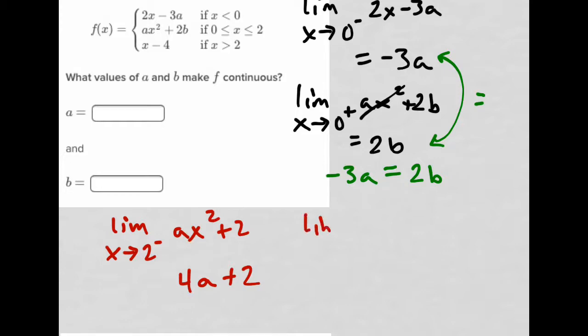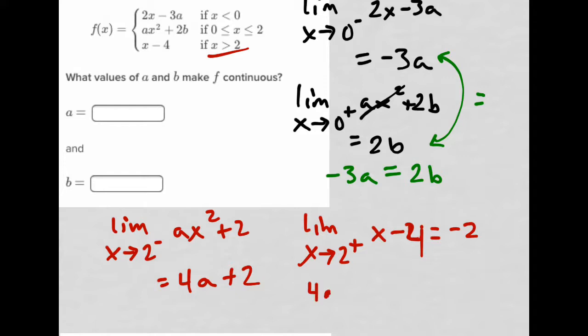And then the limit as x approaches 2 from the right, we use this function because we're plugging in things that are to the right of 2, which is slightly bigger. And that's what this says. So, x minus 4, that equals, x minus 2. No, there we go. Negative 2.